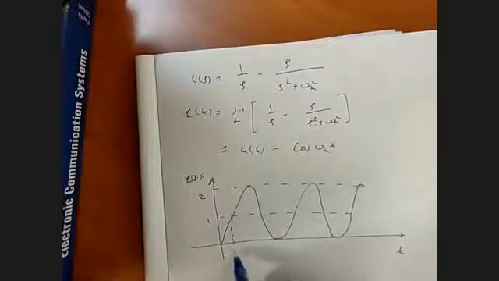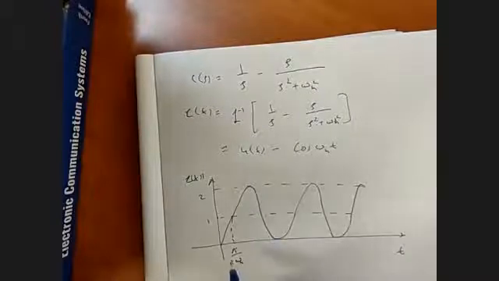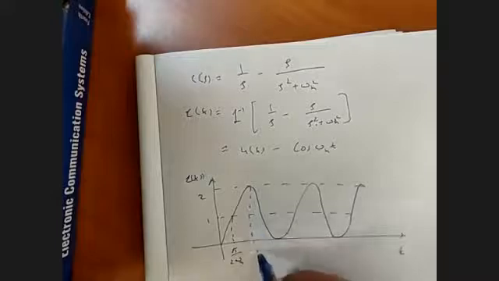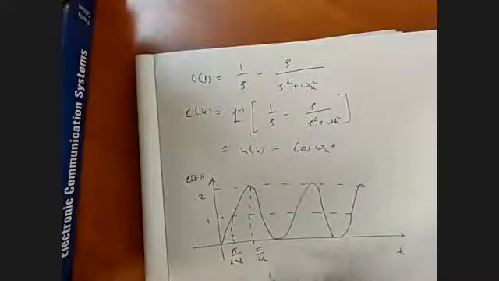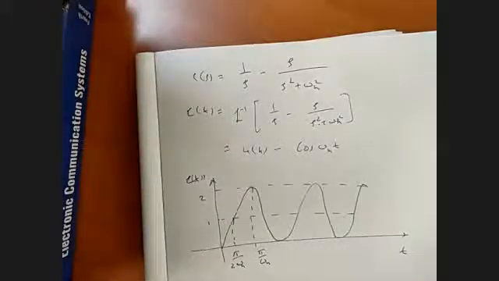This is your pi upon 2 omega n, and this is pi upon omega n. So this is the response when we put delta equal to 0.